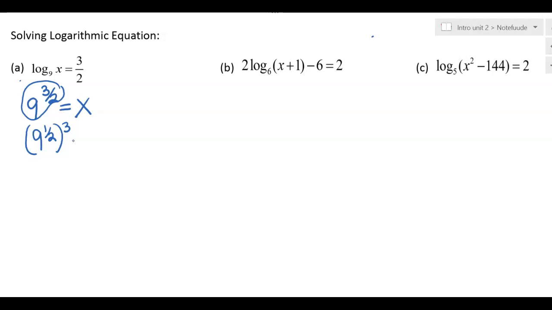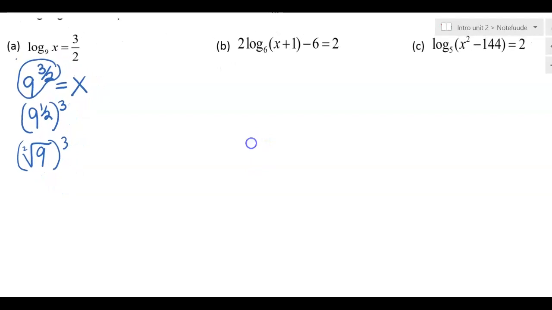It really means radical. So 9 to the 1/2 is the same as having a 9 underneath a radical, and the index is just 2 here, which means I don't even have to write it. It's a square root of 9, right? So this is really the square root of 9 being cubed. What is the square root of 9? 3. So this is 3 being cubed, which is 27.